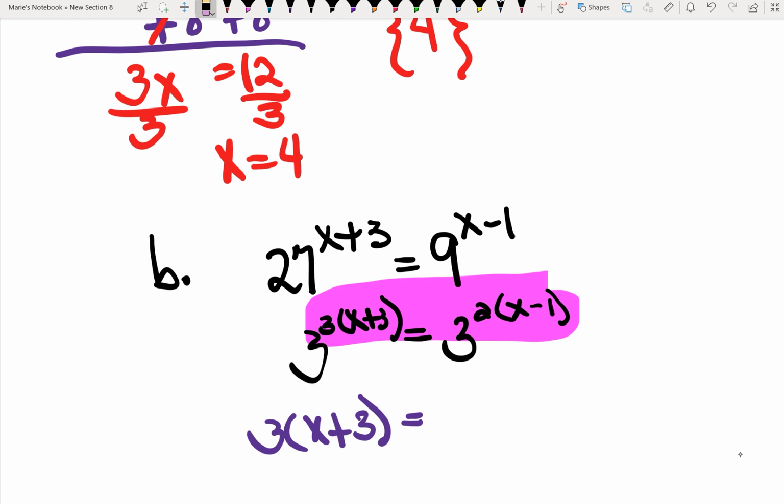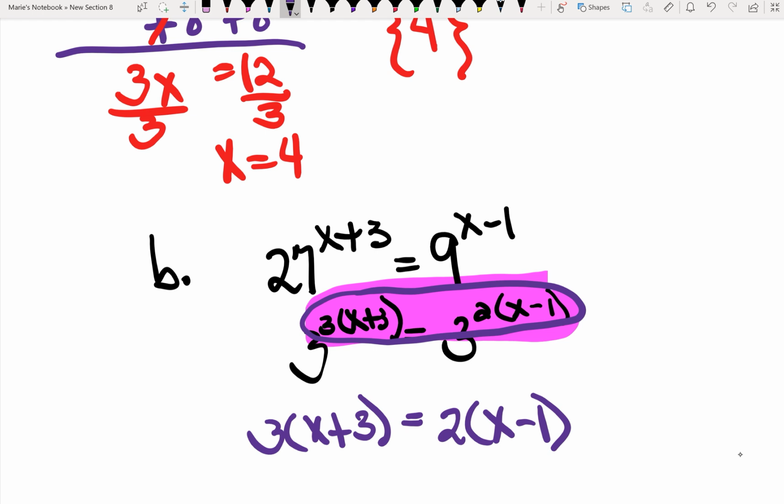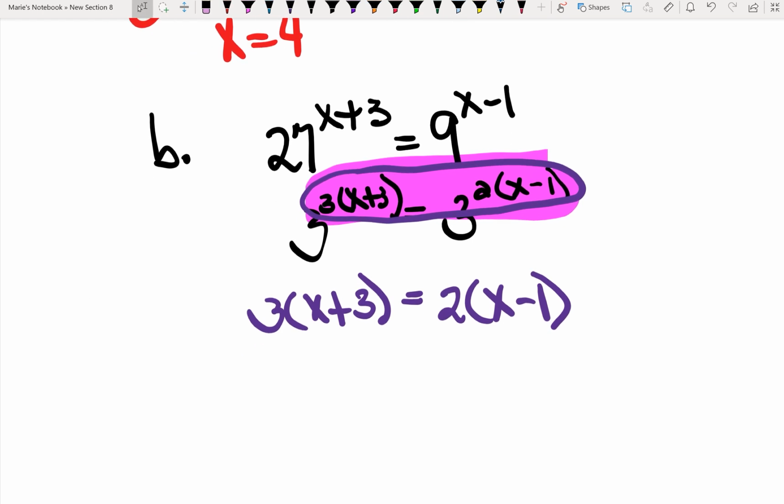Because that's a 3, I thought this was a 3 also. I'm looking at this wrong. This is actually 2 parentheses x minus 1. Again, we're just focusing on just this top line, right? So now we have 3x plus 9 is equal to 2x minus 2. And so we need to solve for x.